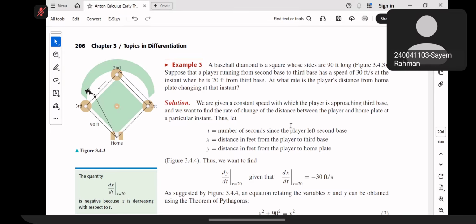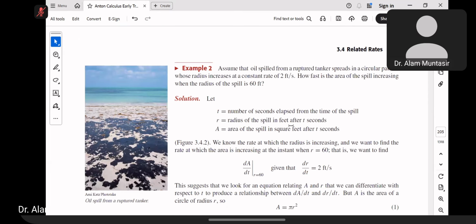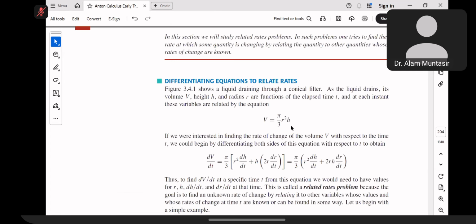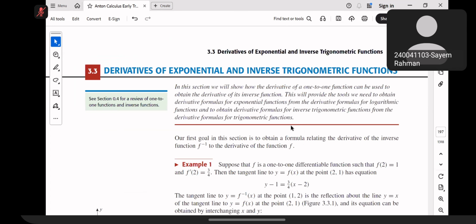Sir, will the topic of inverse function be included? Inverse function in which section? In the functions chapter, sir, chapter 0, I think.